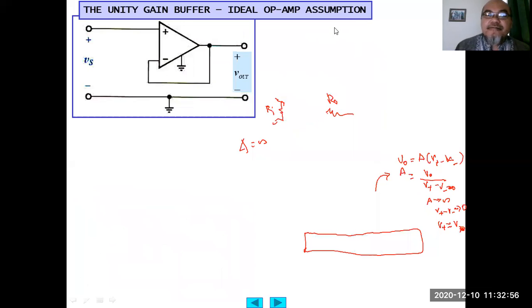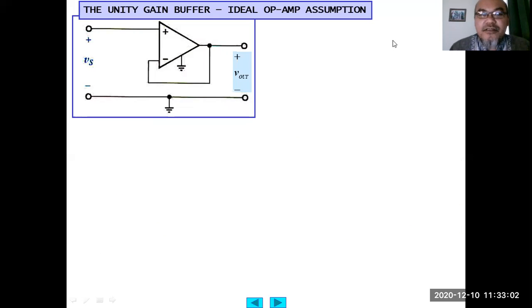Okay, quite clear. In the unity gain buffer ideal op-amp assumption, the output is connected to the inverting terminal, the negative terminal. So here V plus will be equal to Vs, the same, it's one node basically.